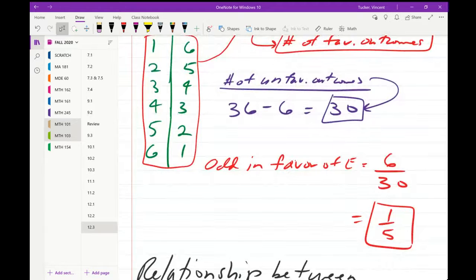Reduce if possible, which is 1 over 5. Any questions?